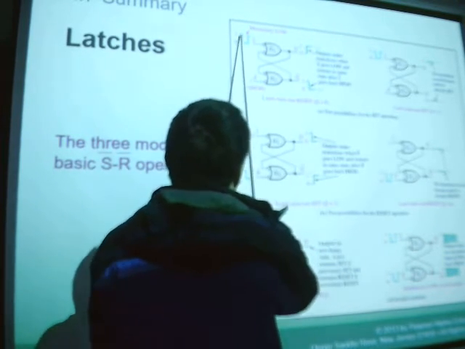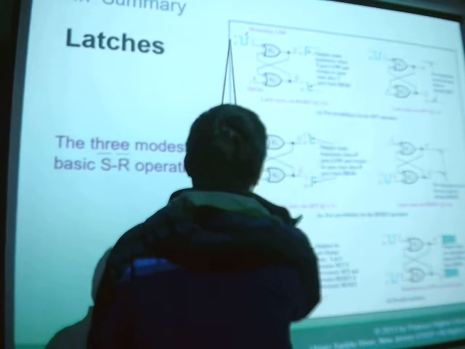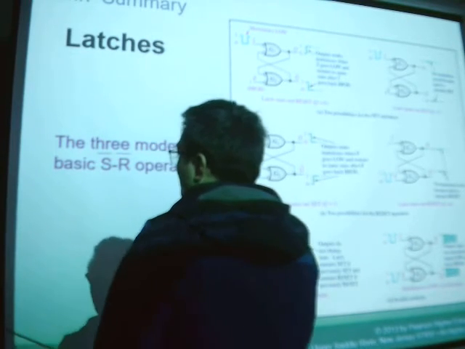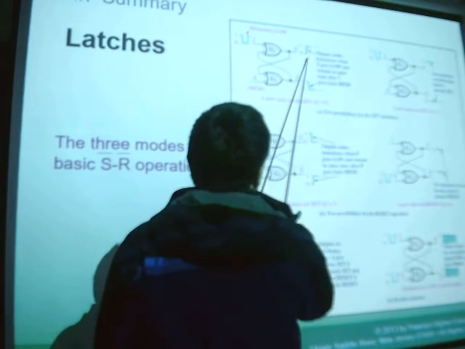When S bar equals 1, R bar equals 1, then Q equals Q. So the value will remain.